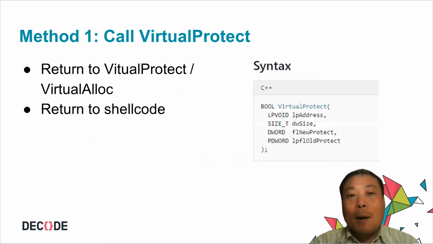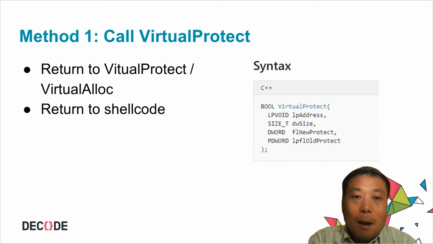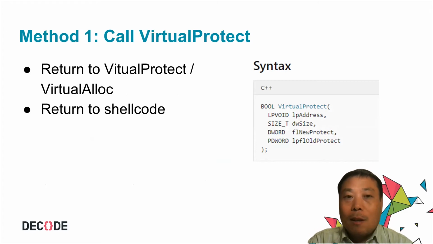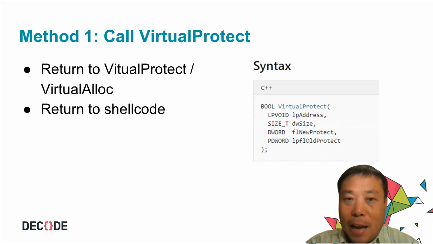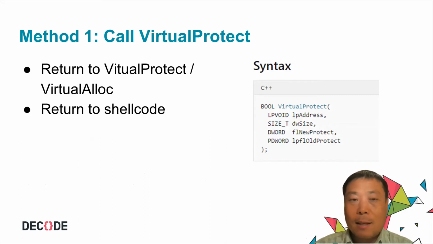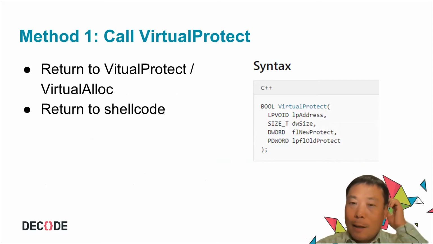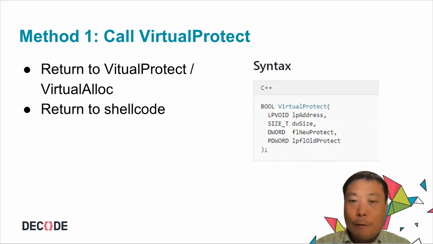Okay, so here are some function calls we can make. The first one is VirtualProtect or VirtualAlloc. This function will change the flag on the heap, on the memory address we set, to the value we want.